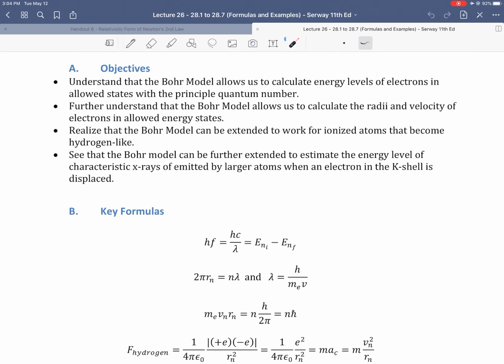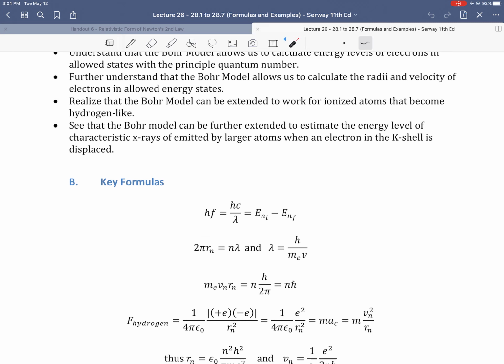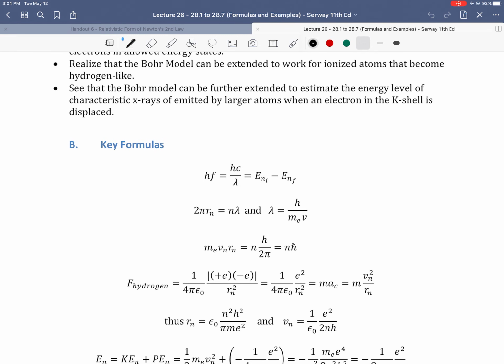The idea there is that that inner shell is still sort of hydrogen-like, and we can discuss its properties and its energy levels in a way that uses a lot of the same ideas of the Bohr model. Now again, a lot of the theory I'm not going to be covering, but I do want to touch on it as I go through the key formulas, which we're going to start right now.